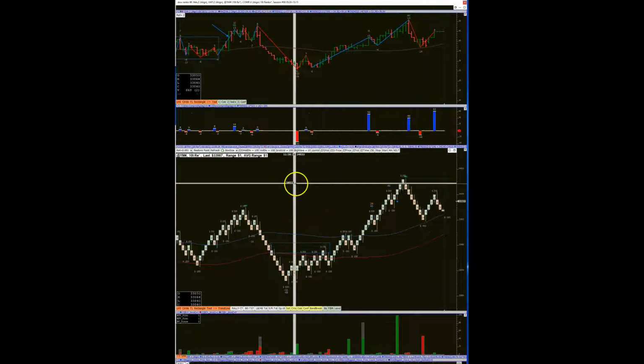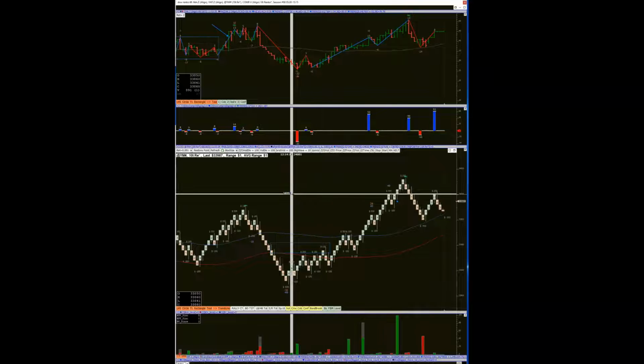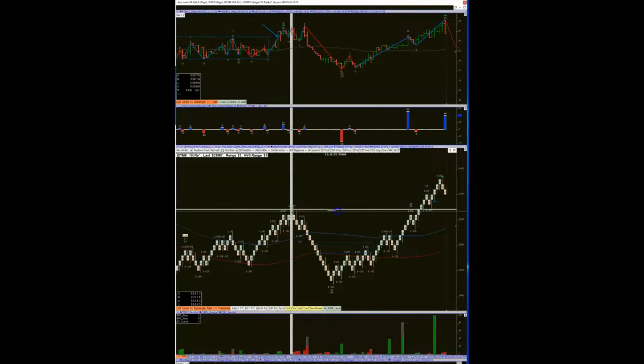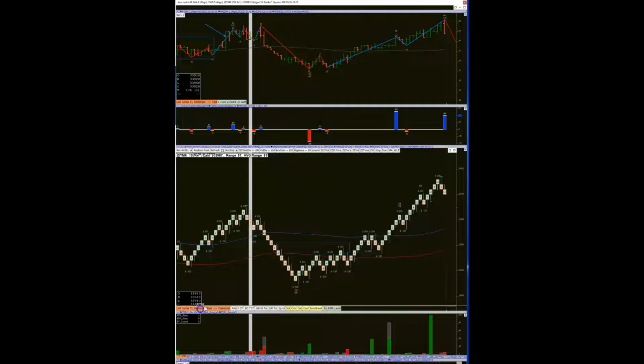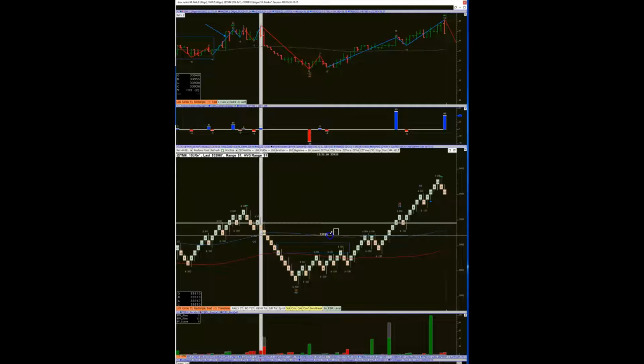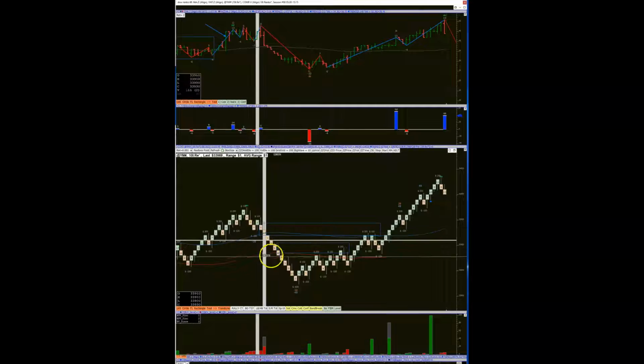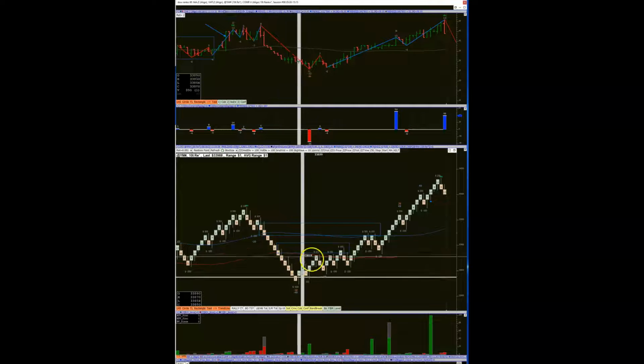So that's about it. There wasn't anything else today. I know folks that when they saw this move down, they were like, let's short this right here, around this area right here, right there and even here. But what happened was the market absorbed it.